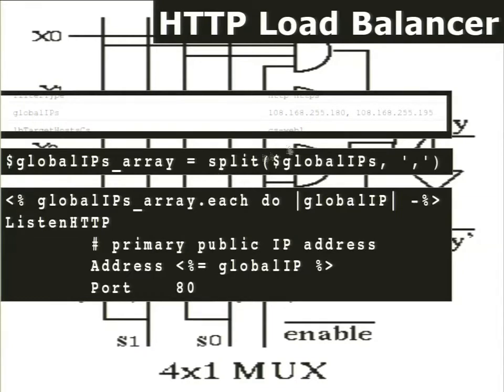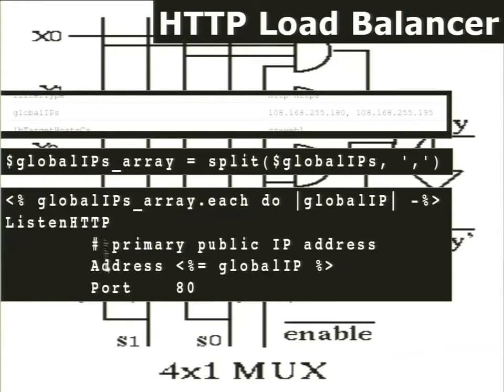We actually have to take this string. It's only a string on Puppet Enterprise UI, and we split it on the manifest. Then it gives us access to an array which, in the Pound configuration, which is the load balancer we are using, we can then iterate through and expand to the actual configuration.